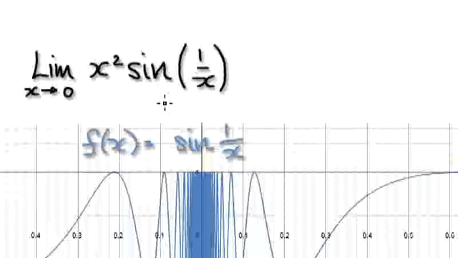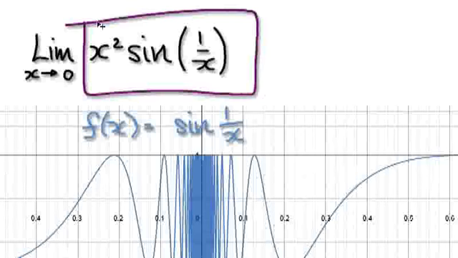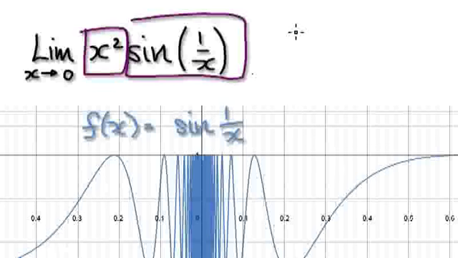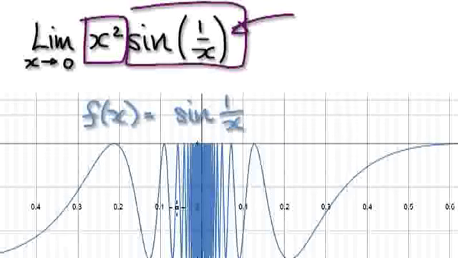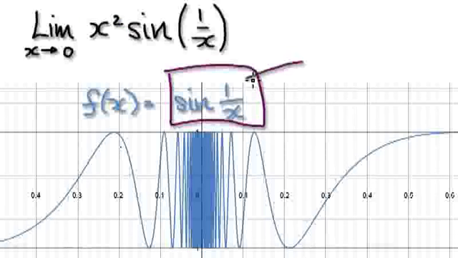So as a quick example, let's look at this one here. What's the limit of this function here? So at the moment you've got this block multiplying with this block here. Now if you look at the graph of sine of 1 over x, the biggest value of this is 1, and the lowest value is negative 1.